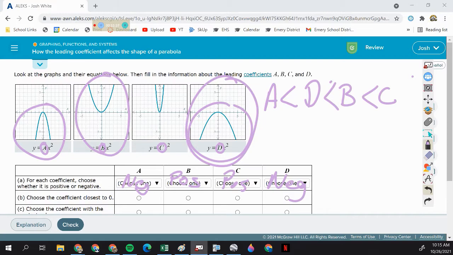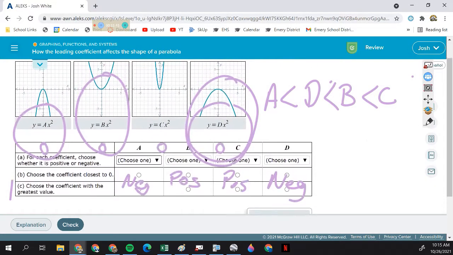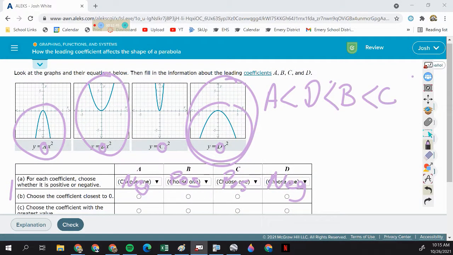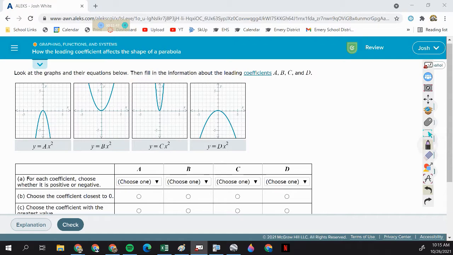So what does the next question ask? With the greatest value. So this is going to be closest to 0 because it's the shortest. This is going to be the furthest away from 0 because it's the tallest.